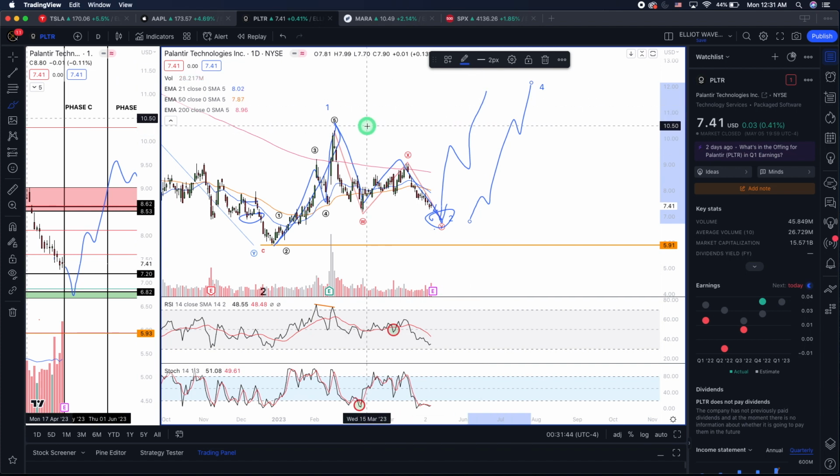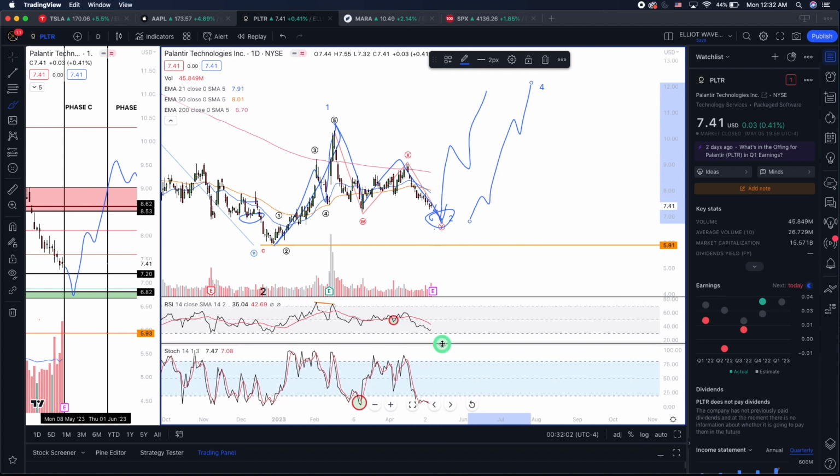I do see it coming. I do expect it to take out this $10.30 move when it comes. As you guys can see on the RSI, we are really close to being oversold. So I am anticipating us to bottom out at some point in the next few days, maybe the next week or so, and then get that bounce.